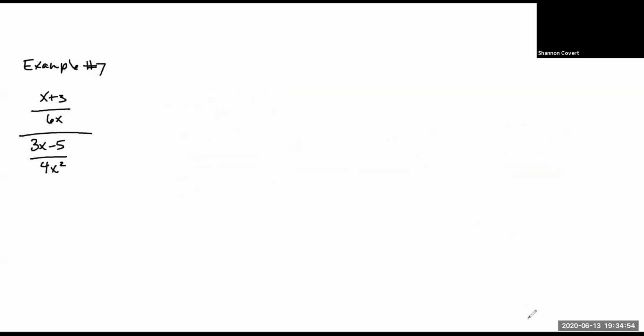Example number 7, we have x plus 3 over 6x all over 3x minus 5 over 4x squared. I will rewrite this as x plus 3 over 6x divided by 3x minus 5 over 4x squared.